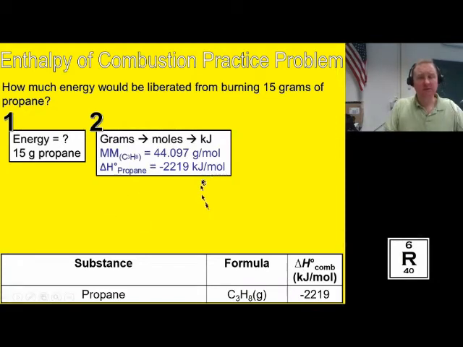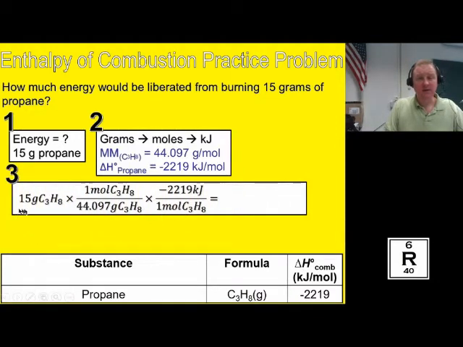So let's use some dimensional analysis to set this up. We can convert now our grams of propane into moles of propane. I set it up so that my grams will cancel with grams. I use the molar mass here, grams per mole, and now I've converted into moles of propane, and then I can convert out of moles of propane into kilojoules.